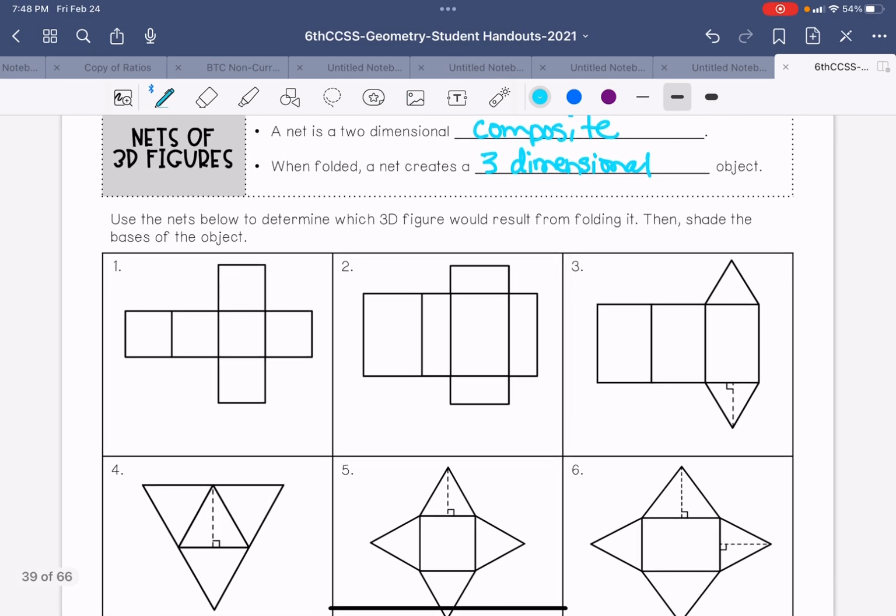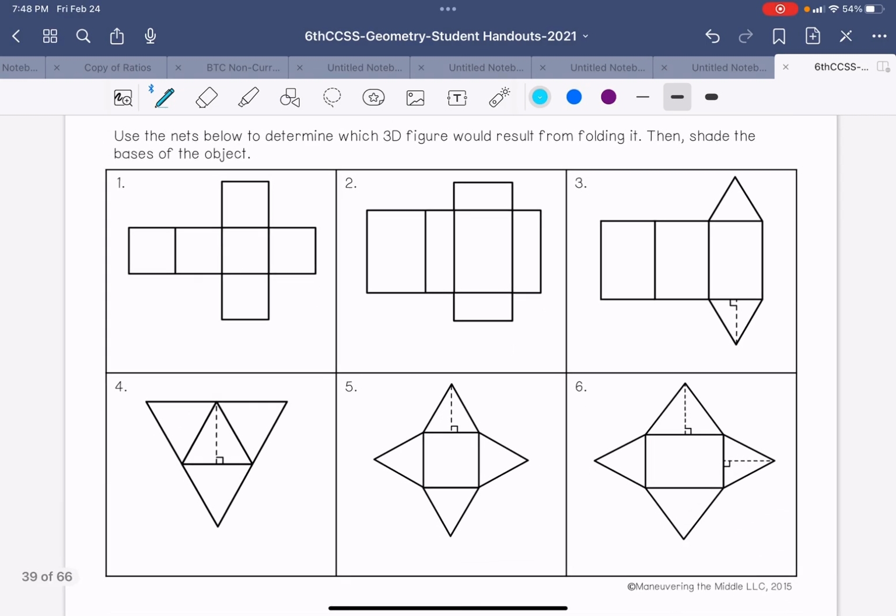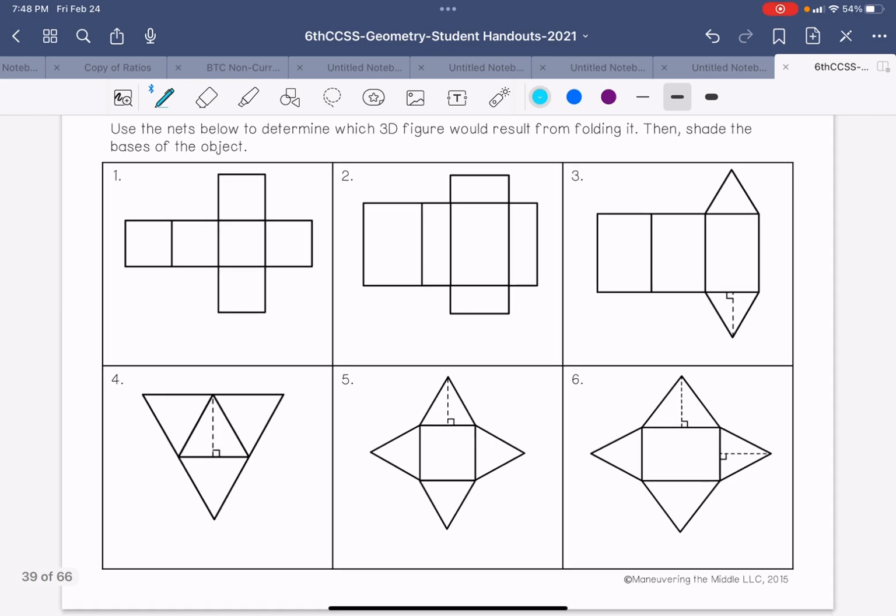So if we look at the nets below, this is a shape that is folded flat, so it is a net. It says, use the nets to determine which 3D figure would result from folding it, and then shade the bases of the object.